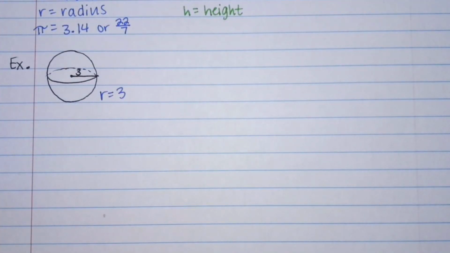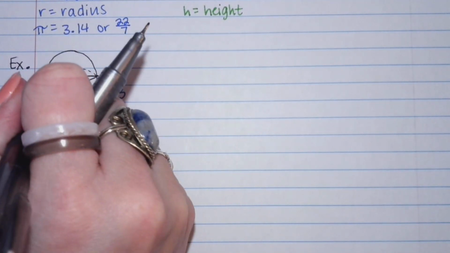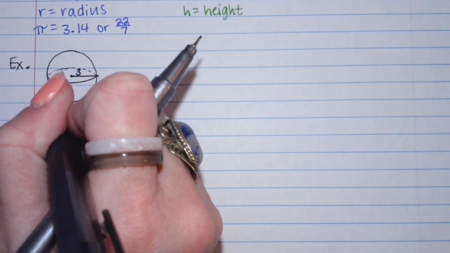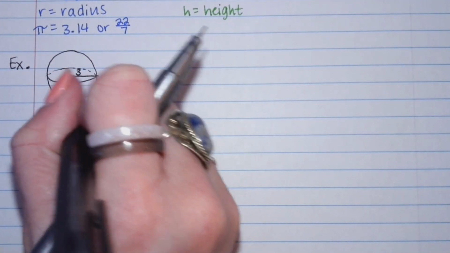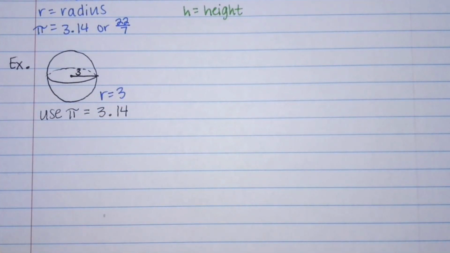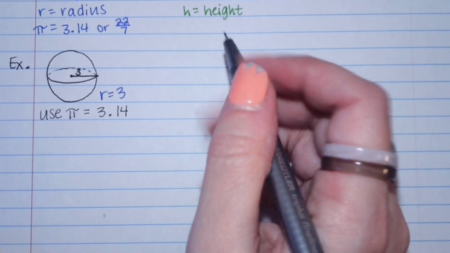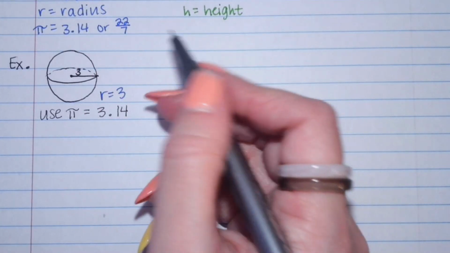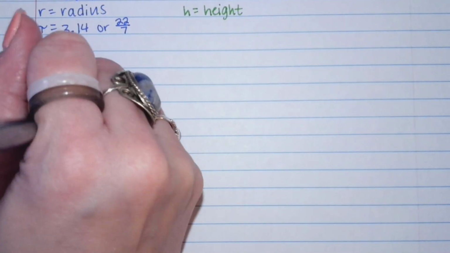So we can label, we know the radius is 3. And I'm going to tell you specifically that we are going to use pi equals 3.14. So let's go ahead and plug all of these values into our formula, and then I'll show you how to put it in your calculator.